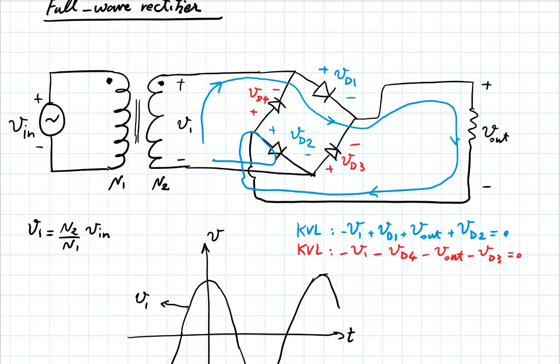In the second half of the cycle, when V1 becomes negative, that voltage is reversed, then the current is going like this. So I'll again add the arrows.